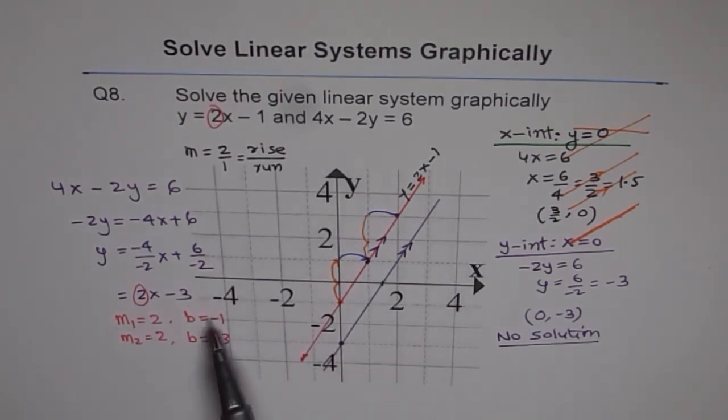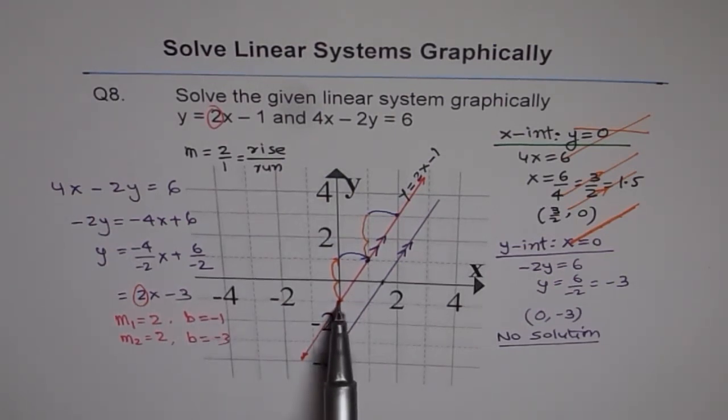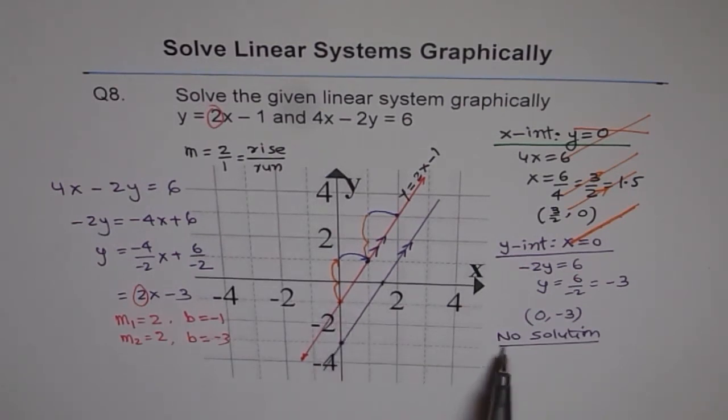Since their y-intercepts are different and slopes are the same, the lines are parallel. If these had been the same also, then they would have overlapped, and there would have been not no solution but infinite solutions, correct? That's how it is. I hope you understand the concept of parallel lines and coincident lines. Parallel lines are lines whose slope is the same but y-intercept is different, and that's very important. Thank you.